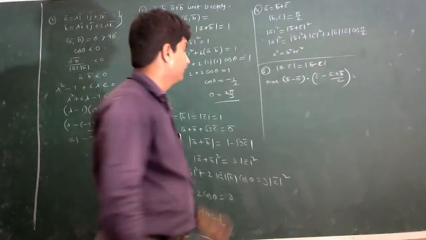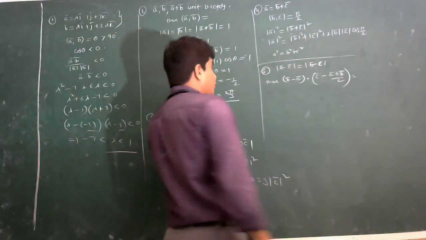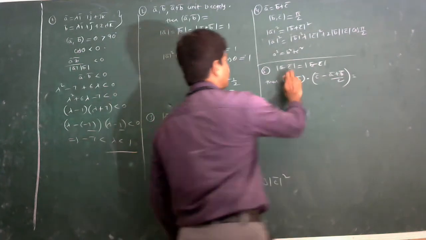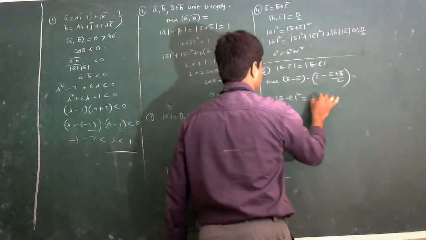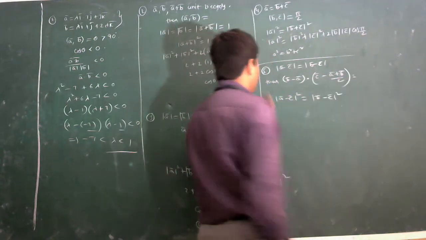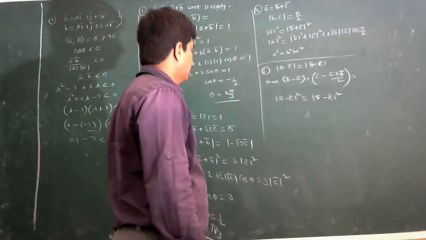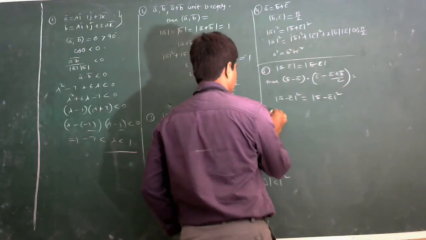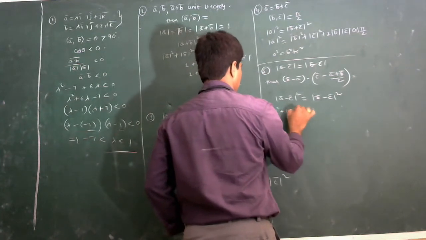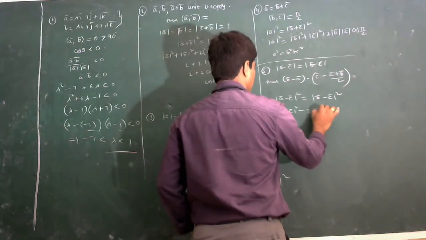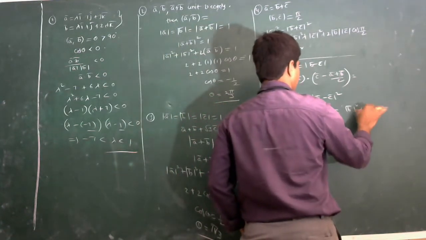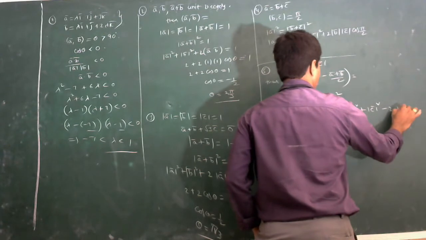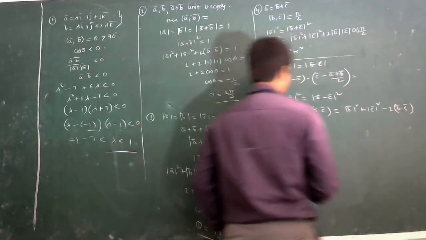How can you find? Distributive property also we can use here actually. So take squaring on both sides for this. Mod of A bar minus C bar whole square equal to mod of B bar minus C bar whole square. Okay? Expand this. This is mod A square plus mod C square minus 2 into A dot C equal to mod B square plus mod C square minus 2 into B bar dot C bar.